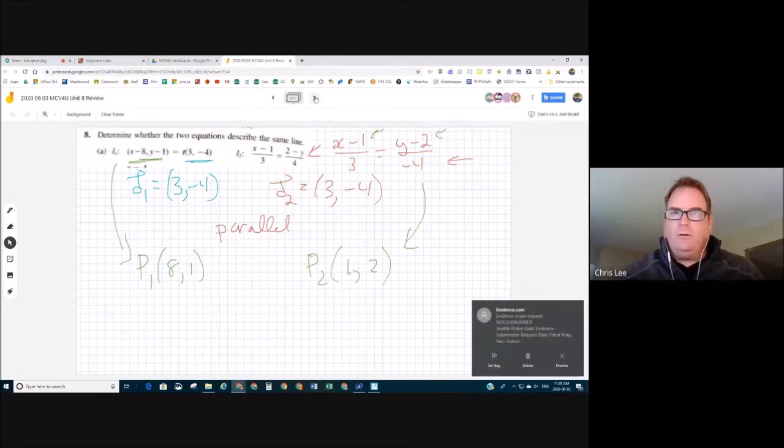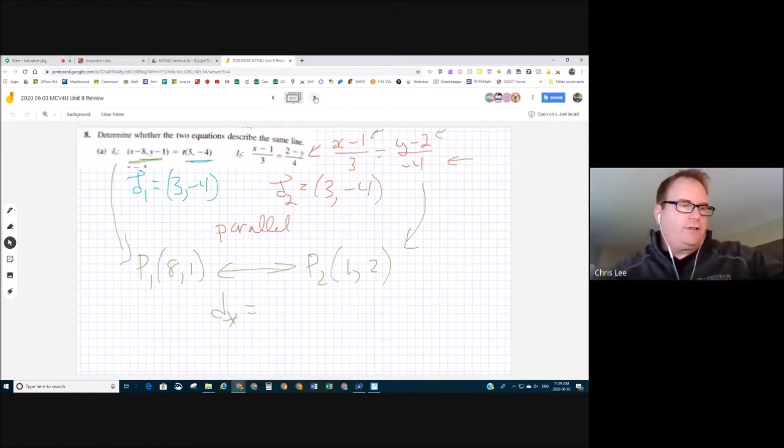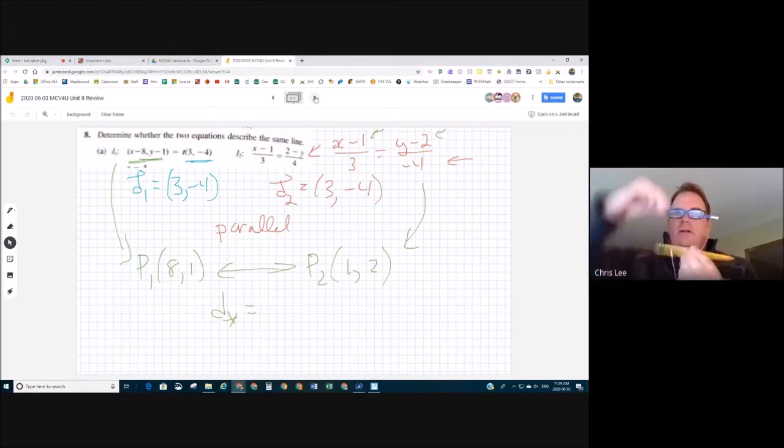What I'm going to do, and this is a little bit easier, is to find the direction vector between these two points. I'm going to call it D star. Before I actually do that, let's visualize it. Let's assume they're parallel and different. I take a point from this line and a point from this line, and find the direction vector between them.